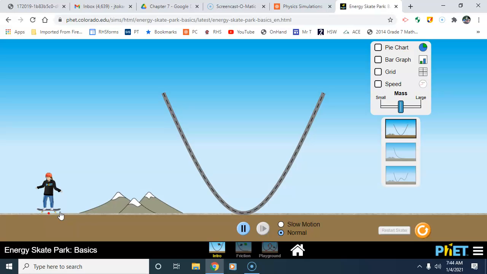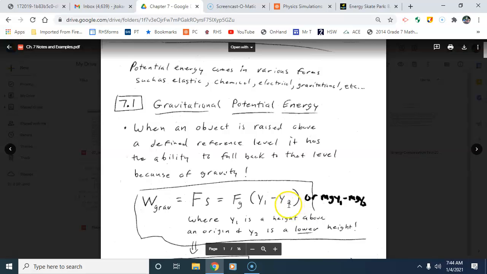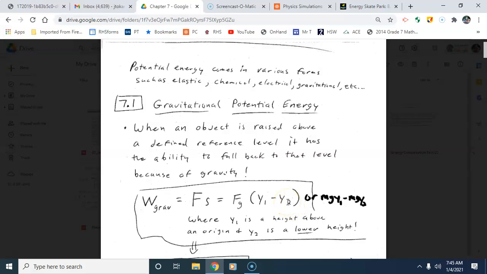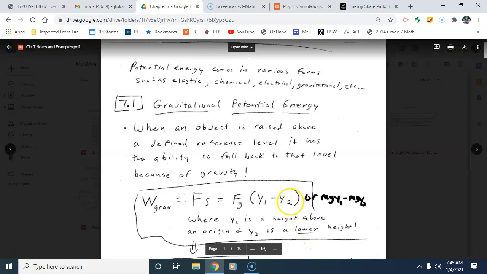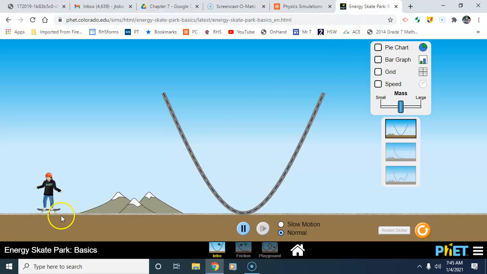It's going to be the 0 level, all right? And y2 is just going to be wherever I lifted this skateboarder to. So I'm just going to make up some easy numbers. Let's say I lift her 2 meters, okay? And let's give her a weight in newtons. And that, let's say her weight, otherwise known as force due to gravity, is 400 newtons, okay?